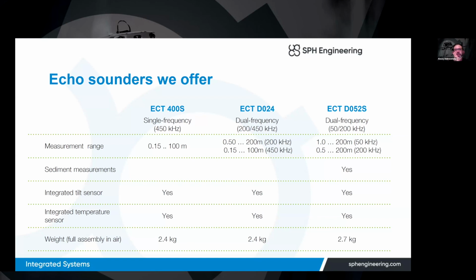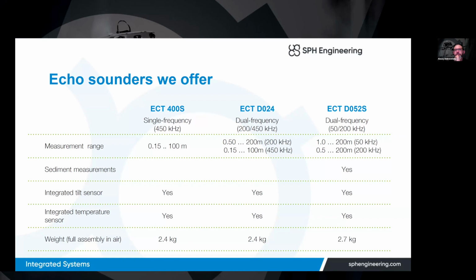Why do we have three types of devices? A single frequency device with a pretty high frequency of 150 kilohertz, a dual frequency device with 200 and 250 kilohertz, and the last model, a dual frequency device with 50 and 200 kilohertz.